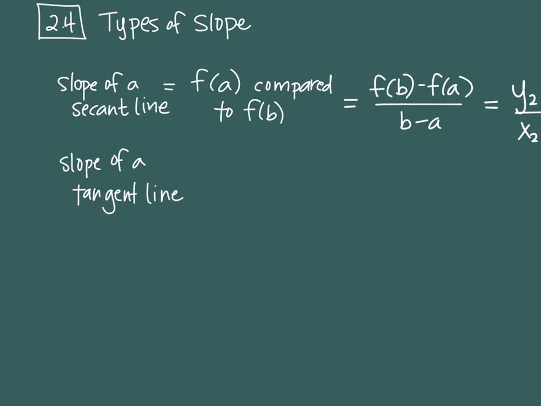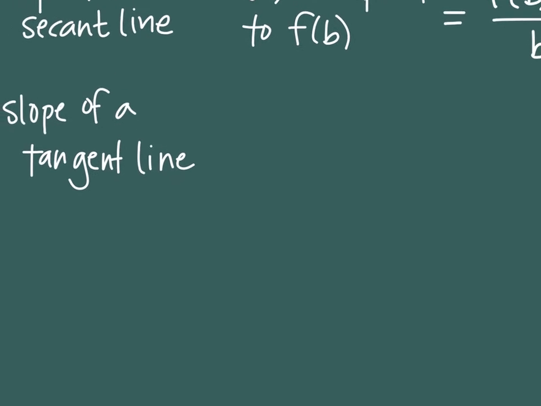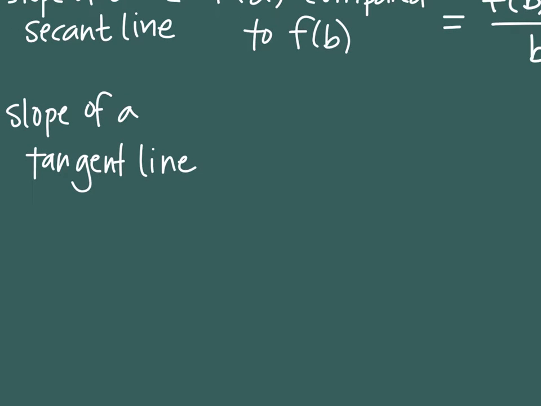A tangent line, okay, is a straight line that touches a curve how many times? Once. A tangent line is a straight line, a linear line, that intersects with a curve once. So for example, just a visual here, you might have a curve that looks like that, and your tangent might intersect with it once, and it's going to skim off right there.